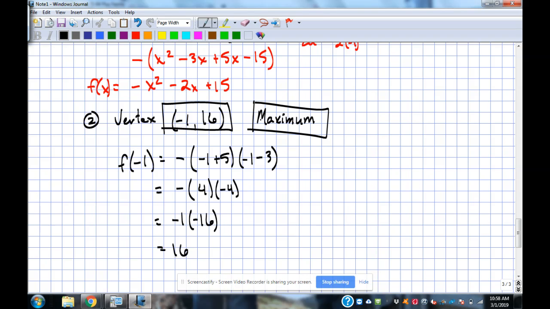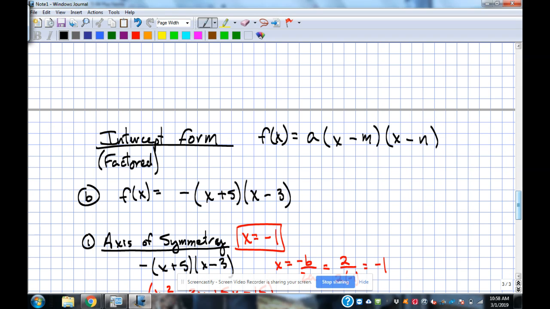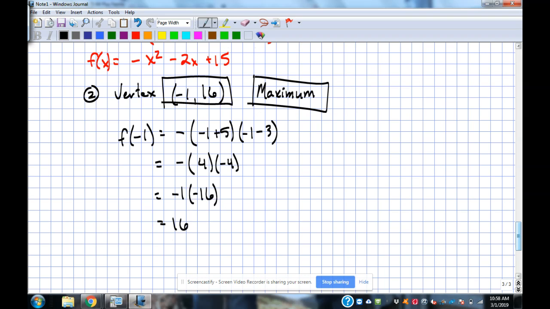Because A is -1, it's this number in the front here. That's A. That decides which way this thing opens. If it's negative, it opens down. You got a top on that. If it's positive, it opens up. So you got a bottom. That's a minimum. Okay. Vertex, -1, 16. It's a maximum for that.